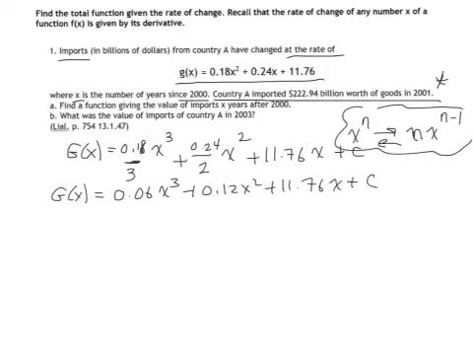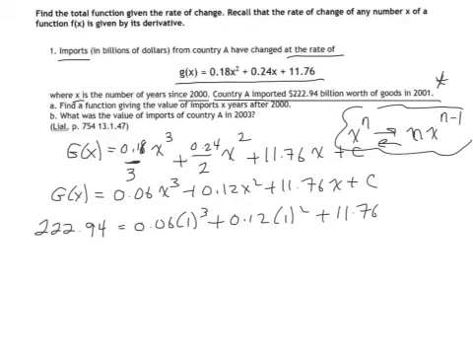Substituting, g at 1 will be 222.94, equal to 0.06 times 1 cubed plus 0.12 times 1 squared plus 11.76 times 1 plus c.